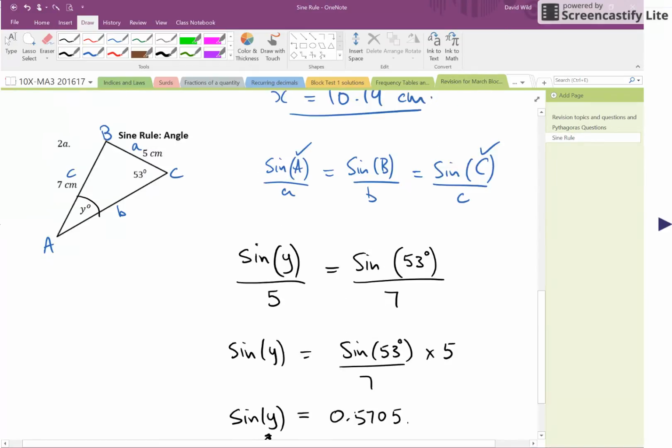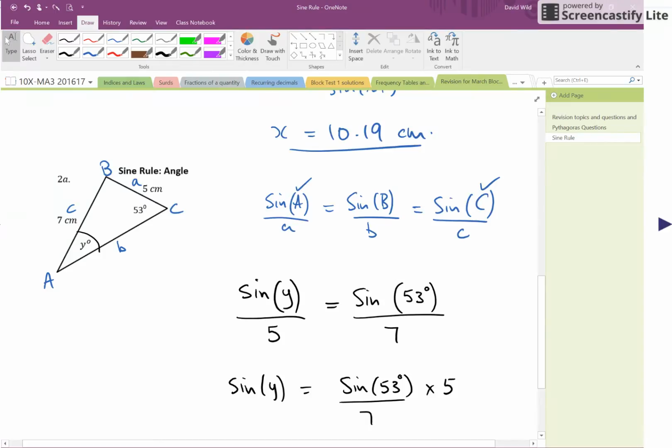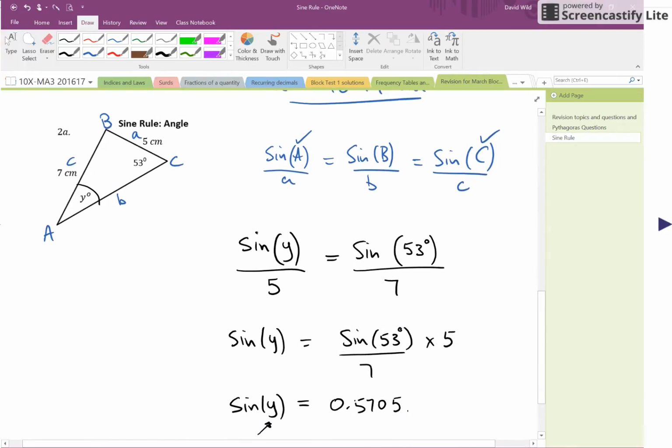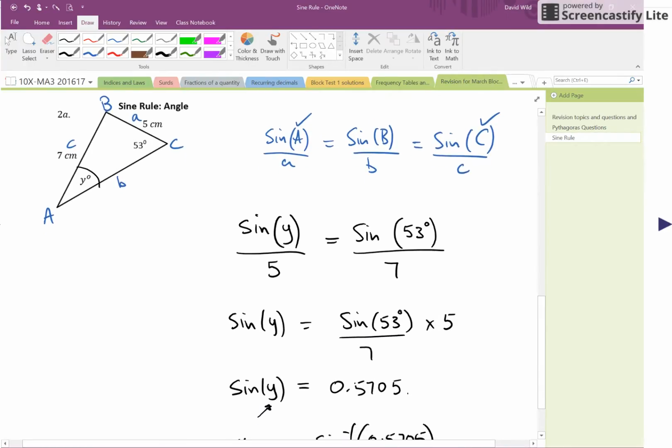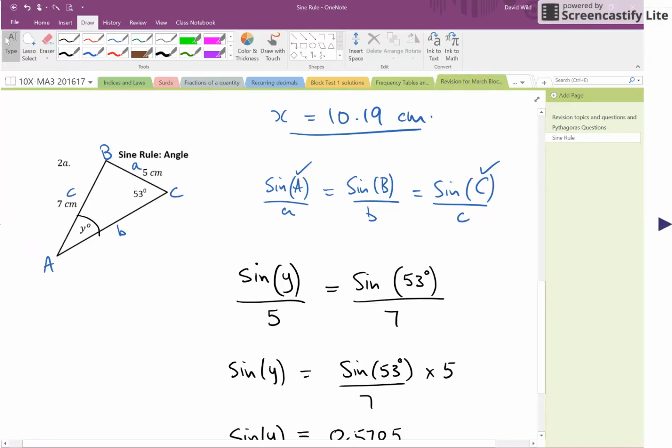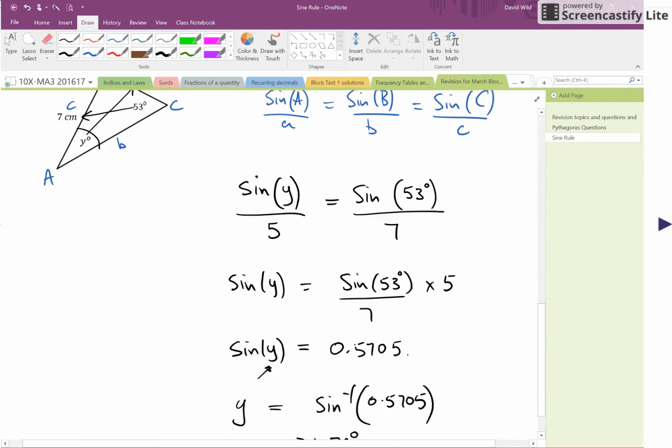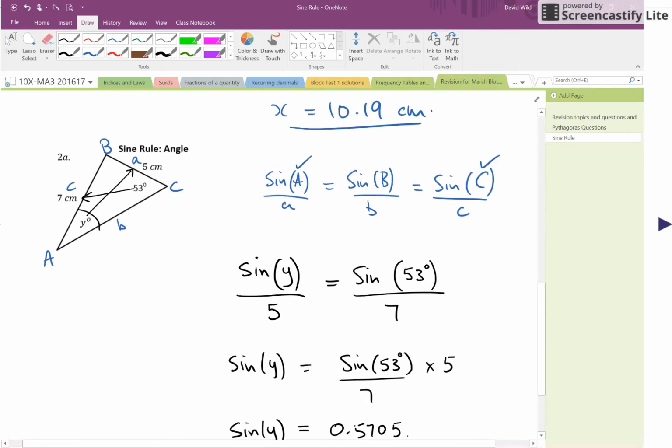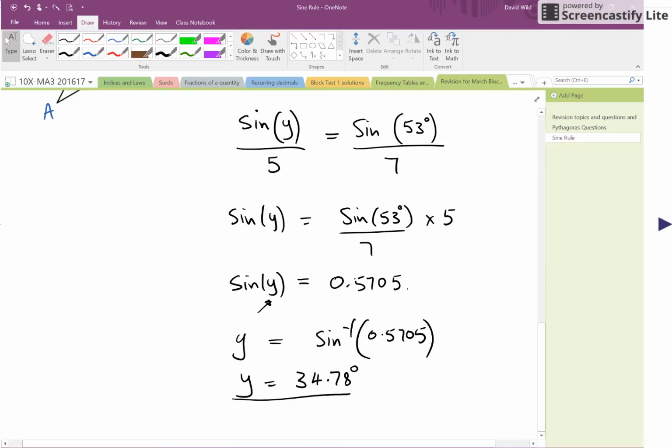Does it look sensible? Yeah, it looks sensible. It's going to be smaller than 53 degrees by virtue of the fact that 7 is longer than 5. So this angle, its opposite side is going to be smaller. 34.78 is definitely smaller than 53. So I seem to be happy with that.